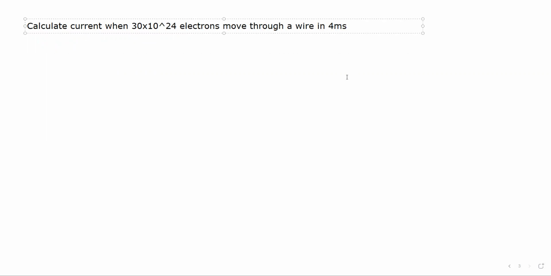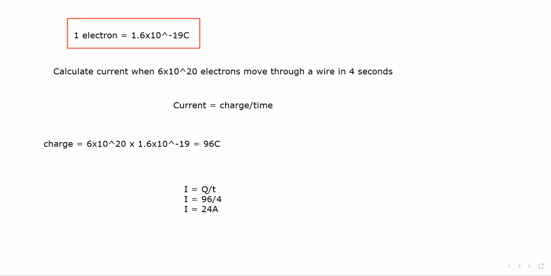Solve this example, calculate, and that's a fixed value for a coulomb.